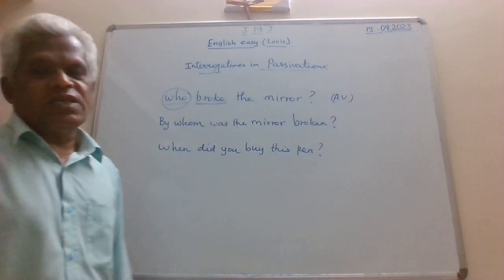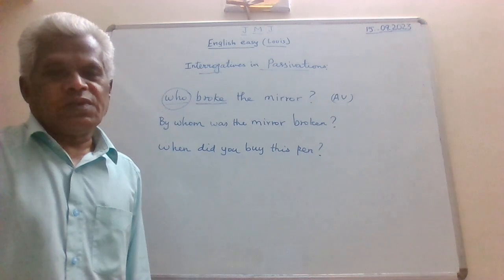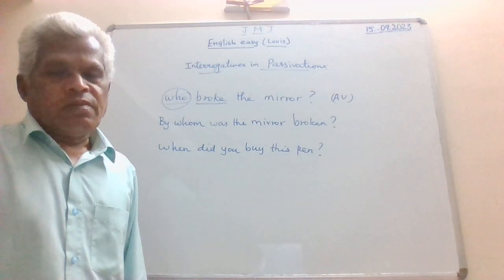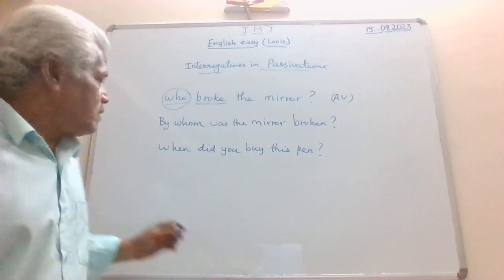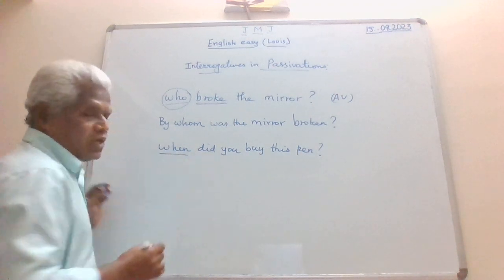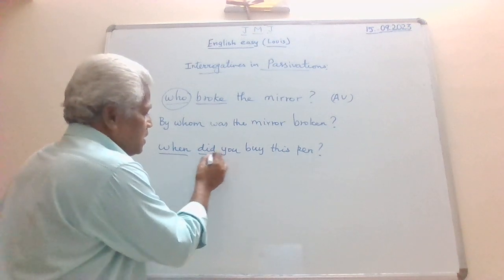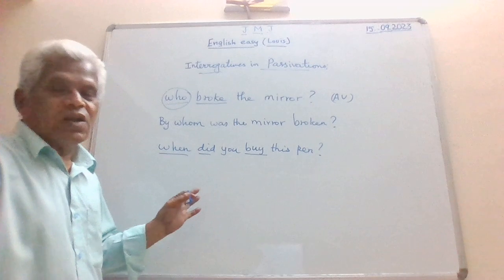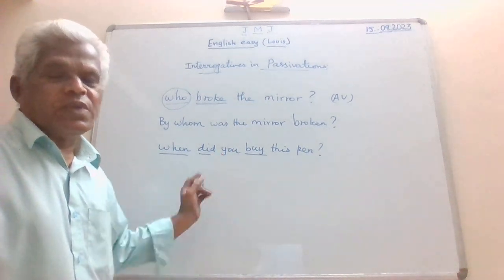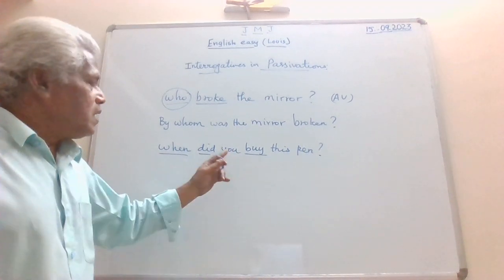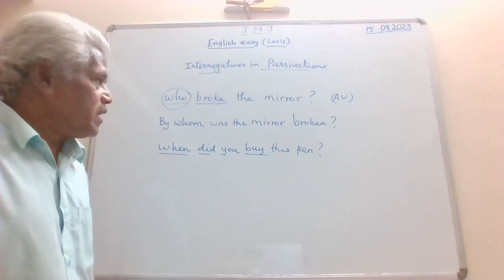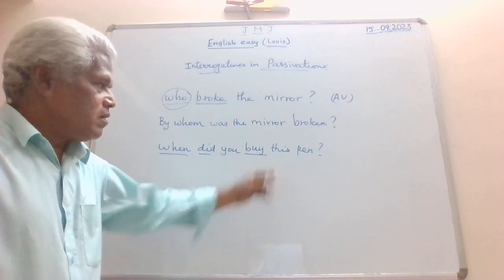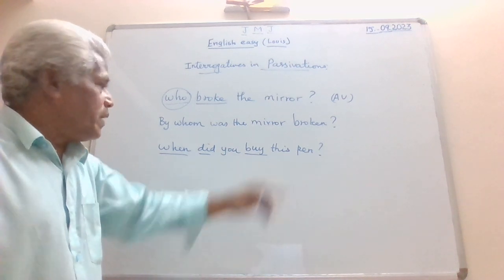Past tense. So when is your question word here? Now did buy. So already the past tense is split with the do verb. And the subject is here and then this is your object here. Now how will you change this? When did you buy this pen?